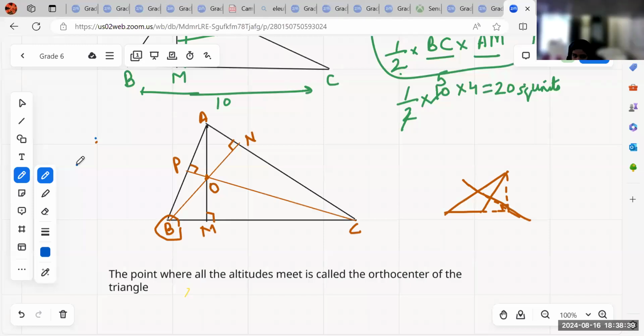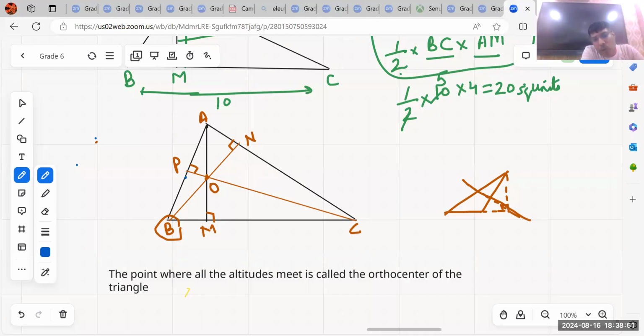But PC isn't a median. P is not the median. Approximately, if you look at AB, sometimes the median and altitude are too close to each other. For example, its midpoint is approximately here, so this would be the median. It's very hard to distinguish. From C it's hard to distinguish, but from A it is very clear that the median will be like this and these two will be equal.